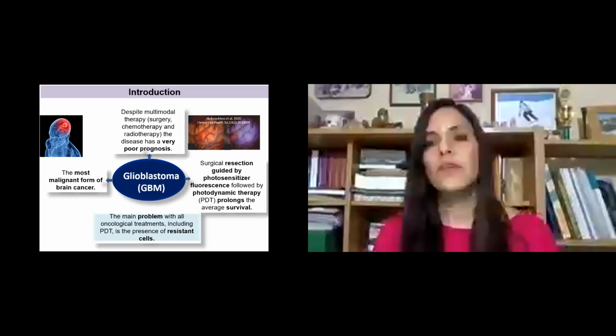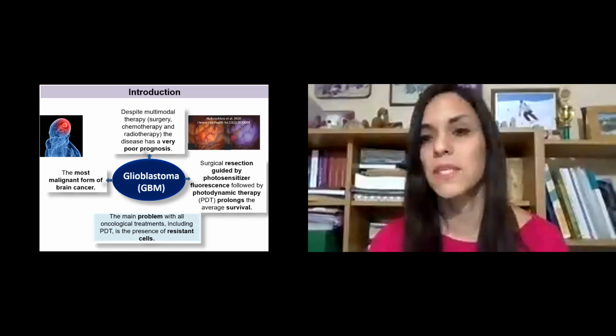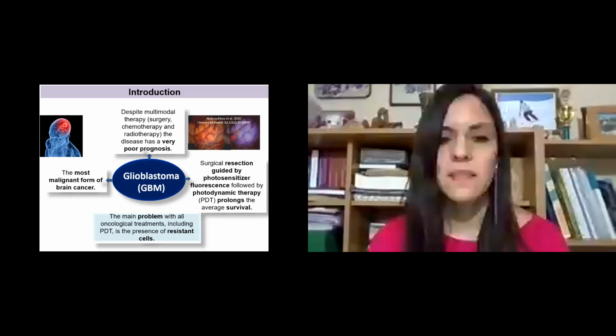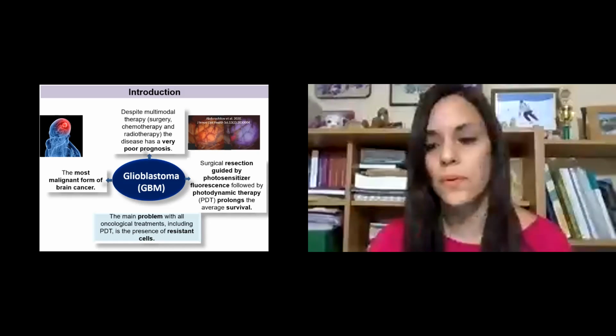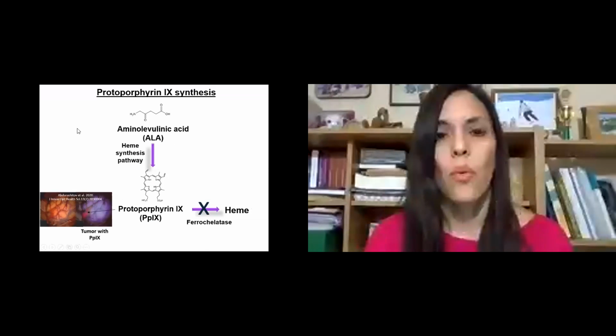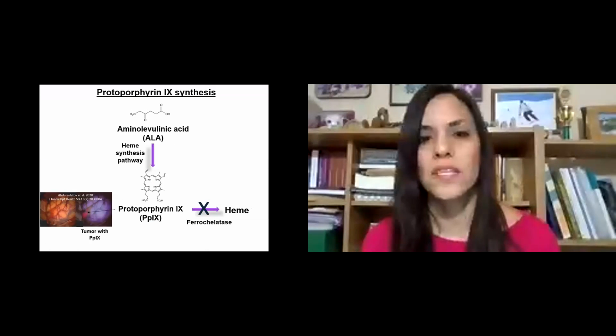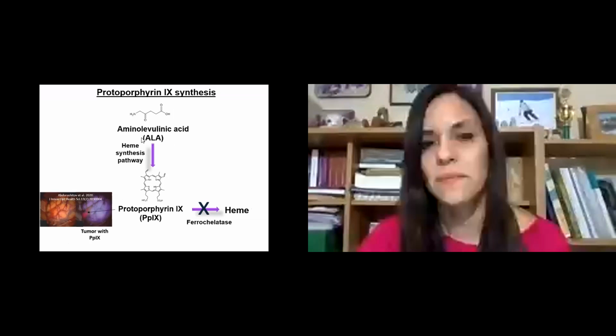However, one of the main problems with all oncological treatments, including PDT, is the presence of resistant cells that cause the disease to reappear. One of the drugs used in PDT is aminolevulinic acid, or ALA.